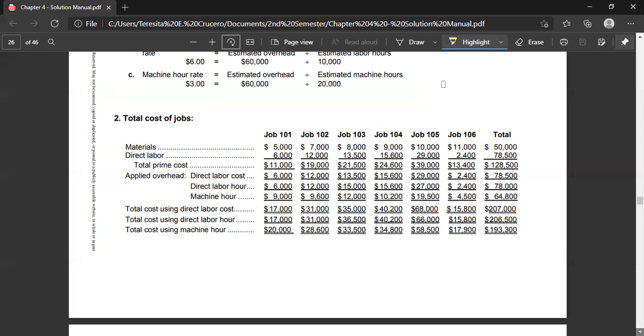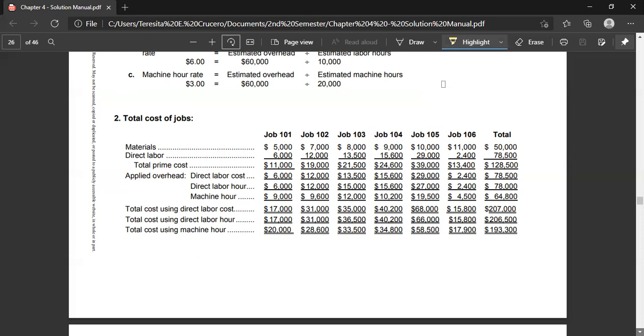Based on direct labor cost, we just copy the direct labor cost of 6,000. So we copy 12,000, 13,500, 15,600, 29,000, and 2,400. The total direct labor cost equals the total applied factory overhead, since factory overhead is computed based on direct labor cost.